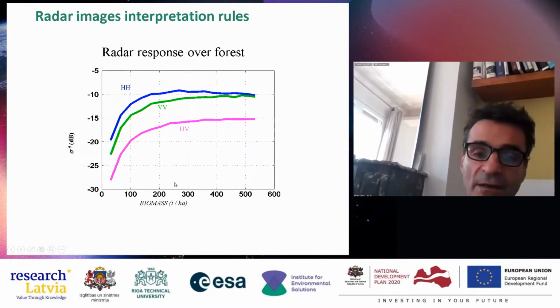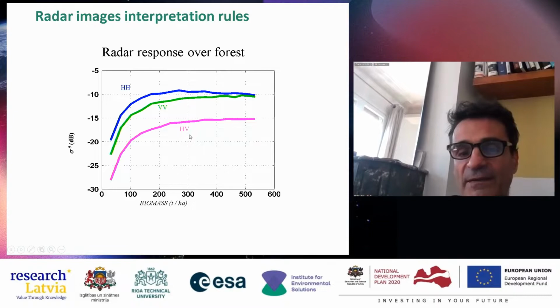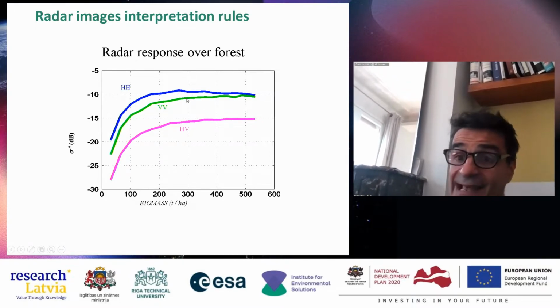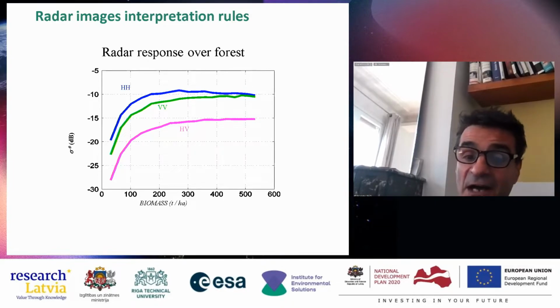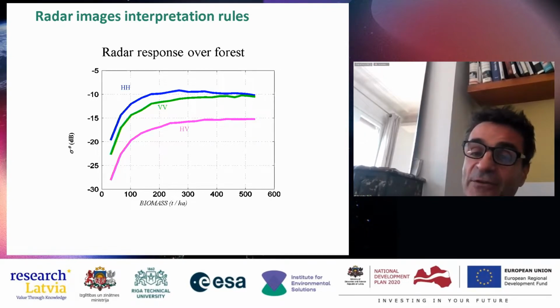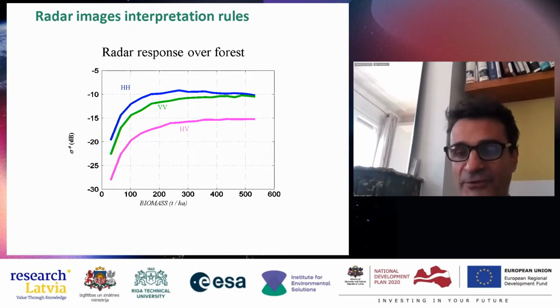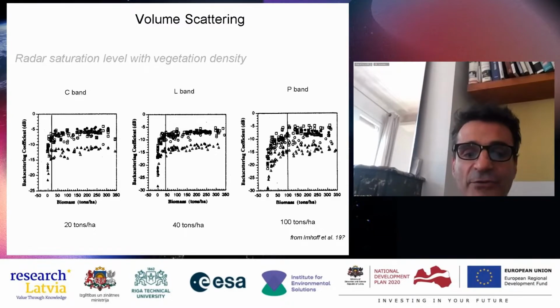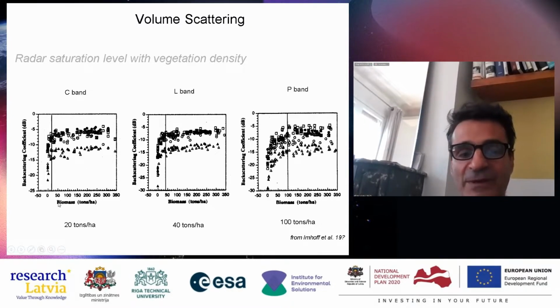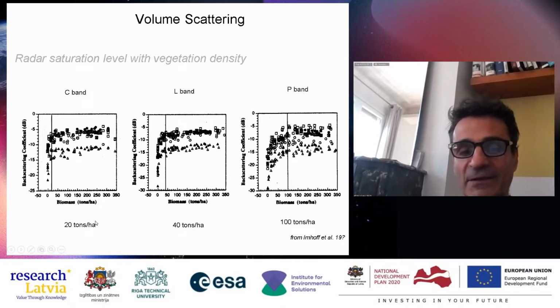For example here, after 300 tons per hectare, the radar cannot distinguish between 500 and 300 tons per hectare, and the biomass levels that you encounter in tropical forests are around 400, 500 for the highest values. So with C-band, you saturate at 20 tons per hectare of biomass, L-band 40 tons per hectare, P-band 100 tons per hectare.